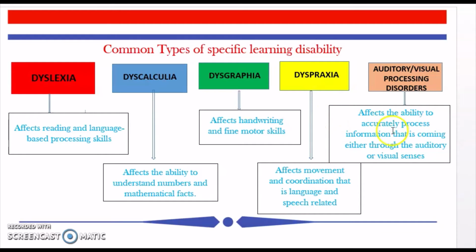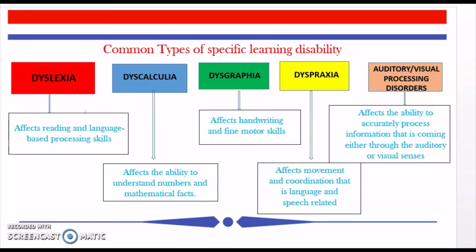And once it affects accurately processing information, then the child is suffering from auditory and visual processing disorders. So these are the common types of specific learning disabilities: dyslexia, dyscalculia, dysgraphia, dyspraxia, and auditory and visual processing disorders.